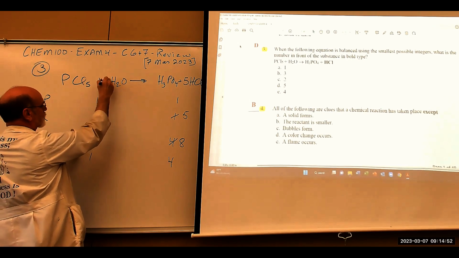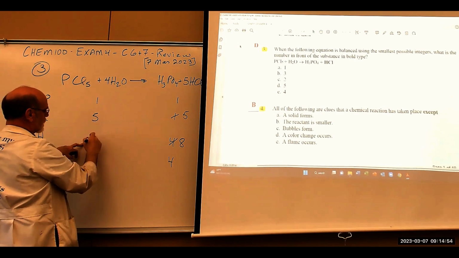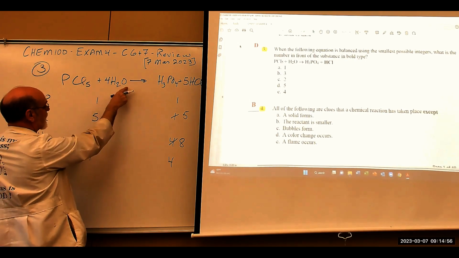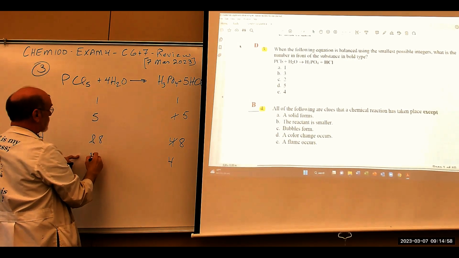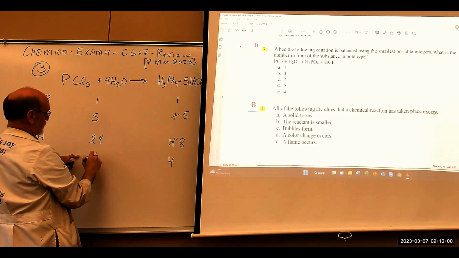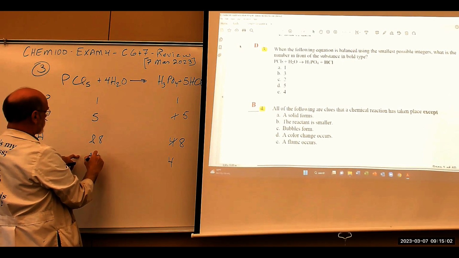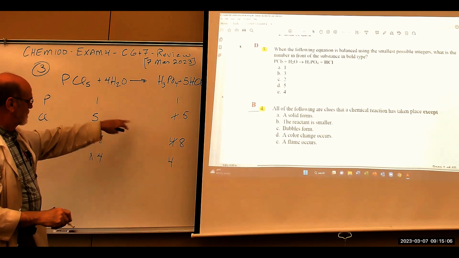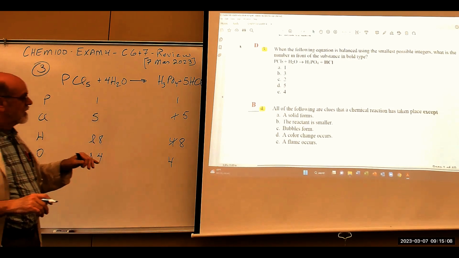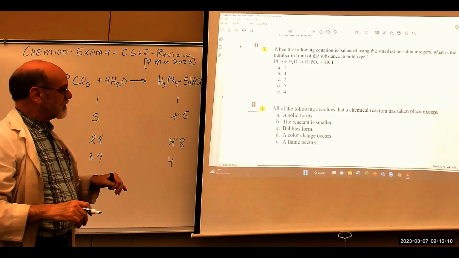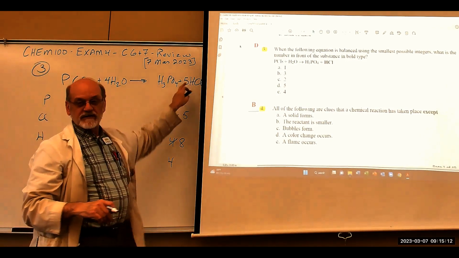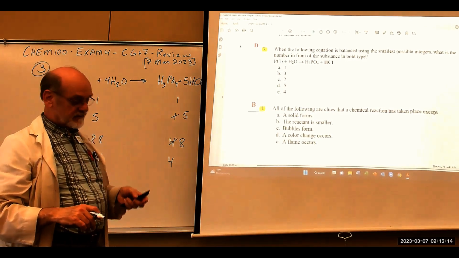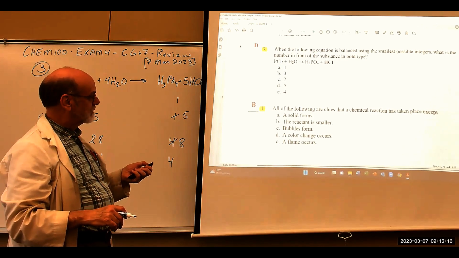So if we put a 4 in front of that one, that'll make 8 hydrogens. It'll also make 4 oxygens. And we're balanced. So the number in front of the bold is 5, which is D right here.